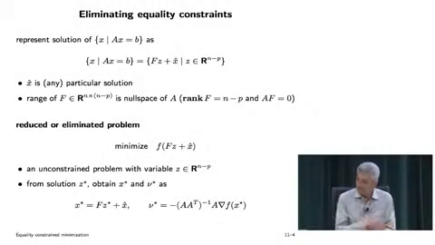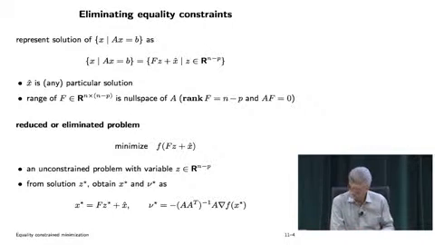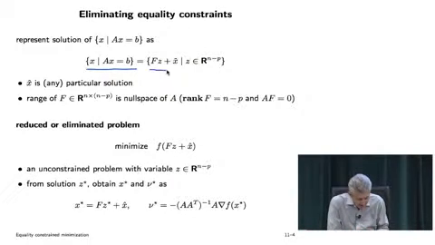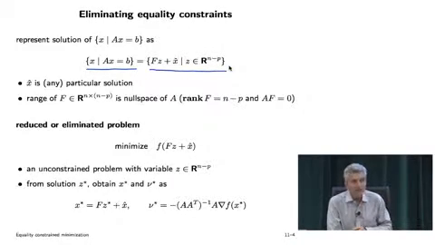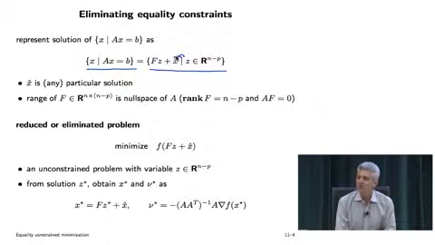There's a very general method for handling equality constraints: you just eliminate them, right? This is my constrained representation of an affine set, but I will write it instead as a free parameter representation. So you compute an x hat that satisfies Ax equals b. Lots of names for this. A traditional name for this is x sub p, for a particular solution.